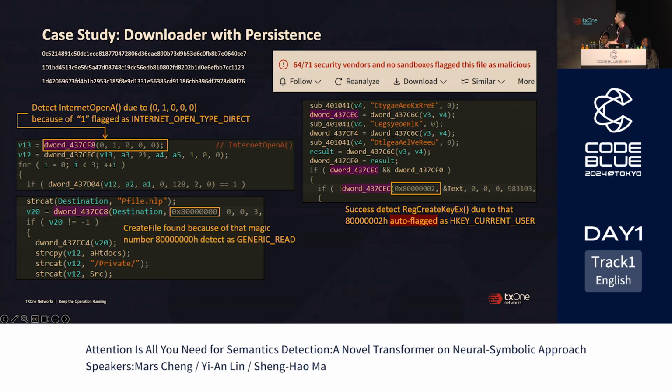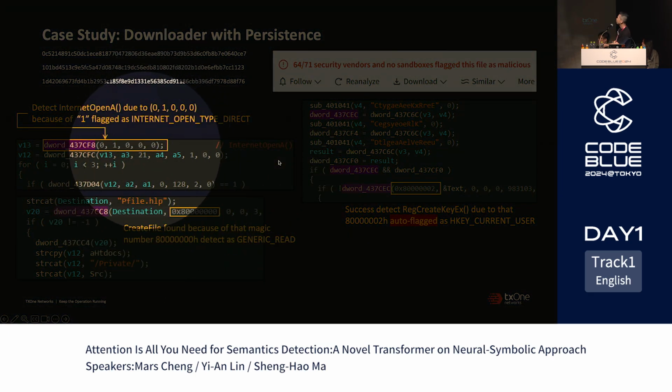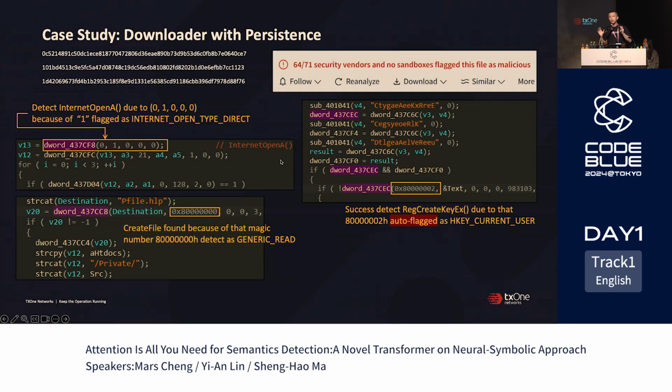But our AI engine can detect that this is InternetOpenA, because of the argument values 0, 1, 0, 0, 0. This usage of the argument values is very unique and only happens with InternetOpenA, and the magic number 1 at position 2 of the argument stands for the magic number INTERNET_OPEN_TYPE_DIRECT. In another case, on the right side, you can see A0002, a magic number standing for HKey Current User.